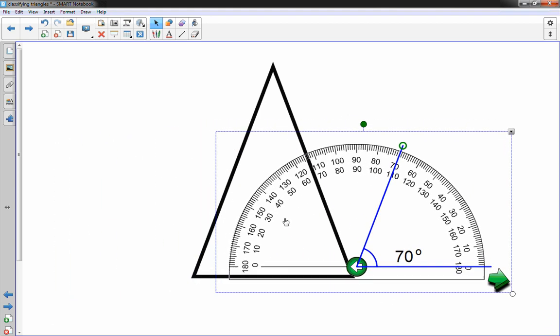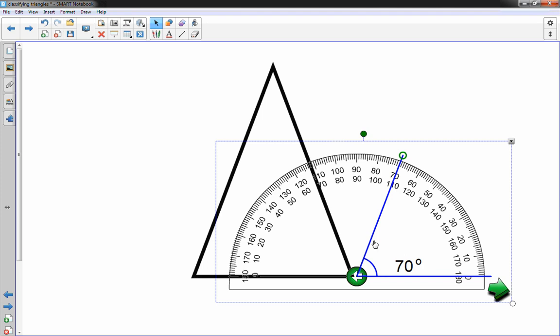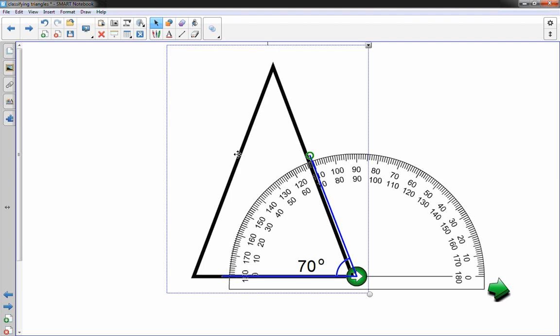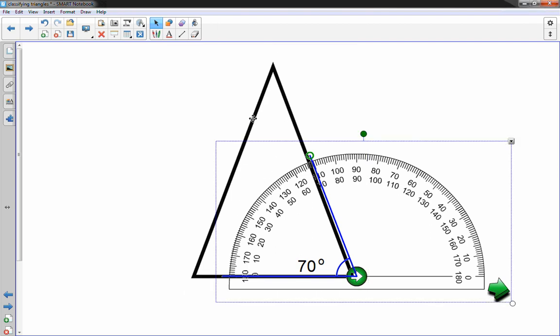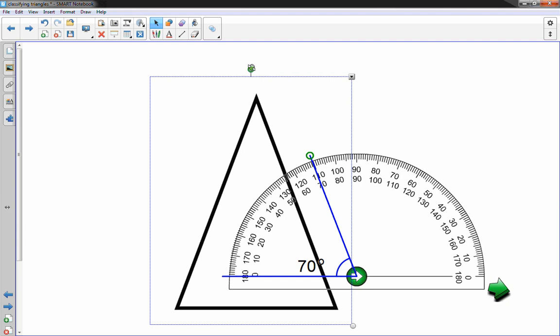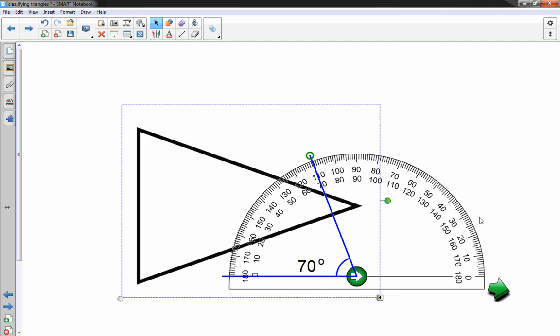I'm going to put the bullseye over here in this corner. And I'm going to have to flip my virtual protractor here. And I'm going to measure this corner. And that one's about 70 as well. If I wanted to measure that third corner, I'd have to rotate my triangle.